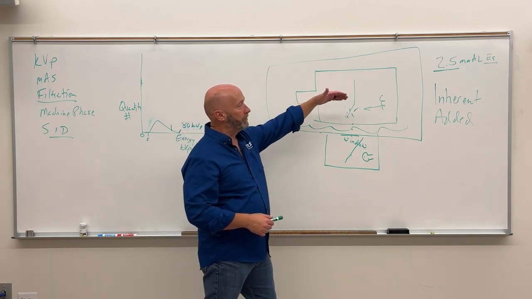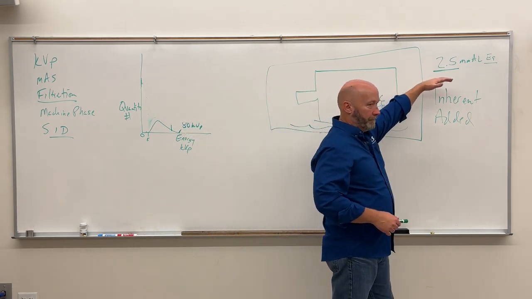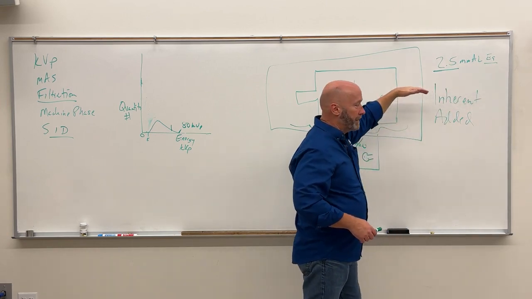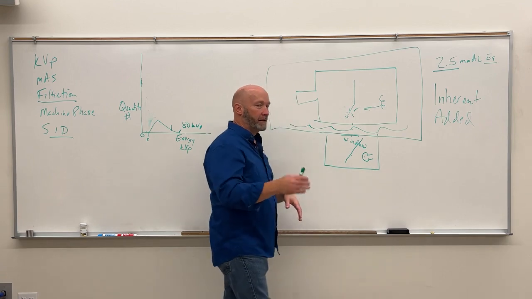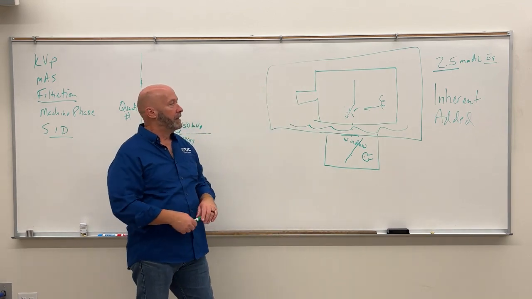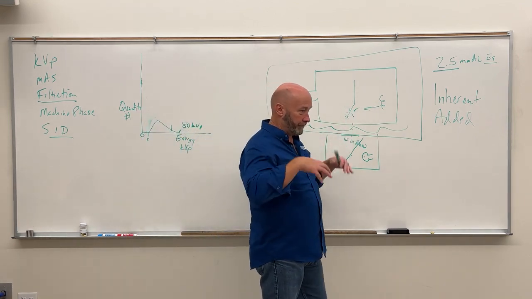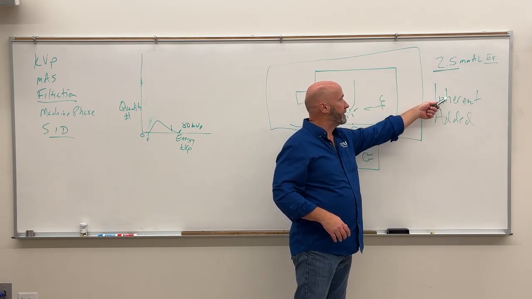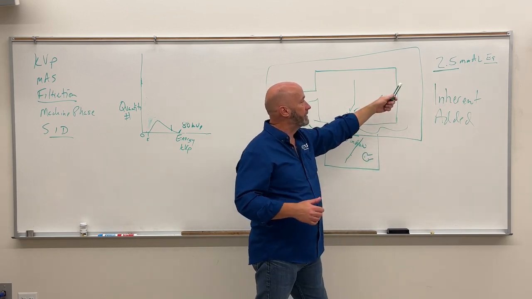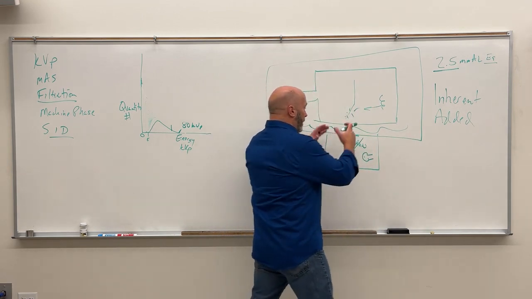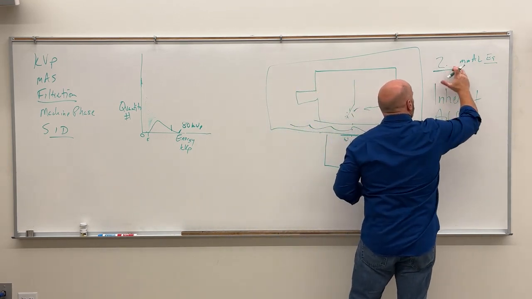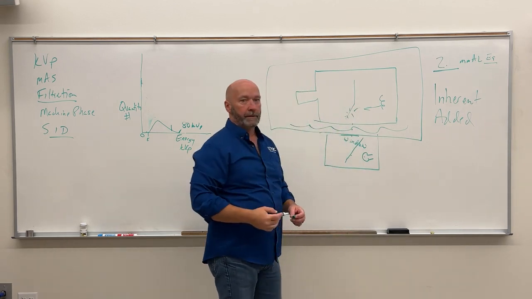So that 2.5 millimeters of aluminum being required by law is what we're going to call inherent filtration. It's what you have to legally make an X-ray, okay? So for our purposes, inherent filtration is going to be everything that gets us up to 2.5 millimeters of aluminum. So what if all of this brings us to 2.0 millimeters of aluminum?